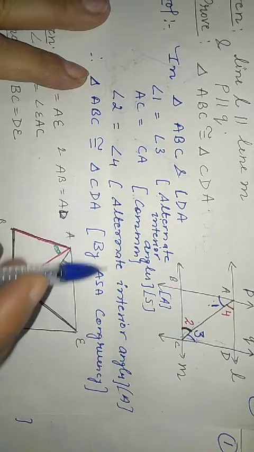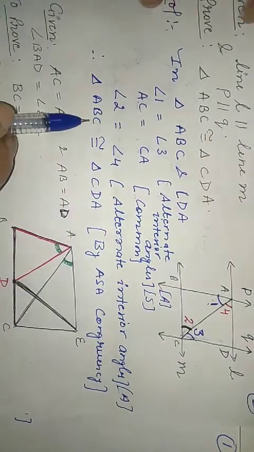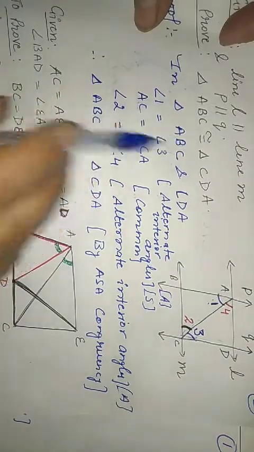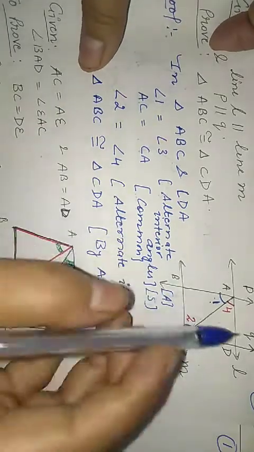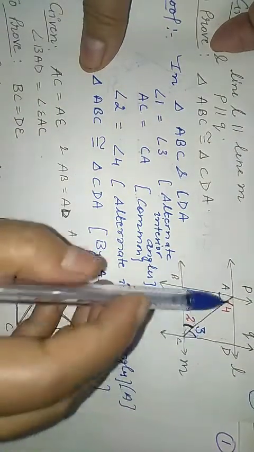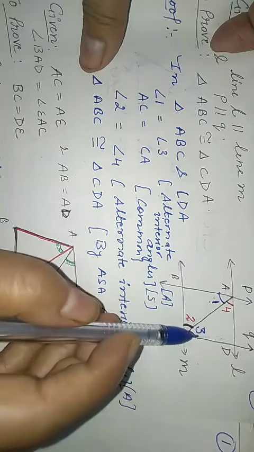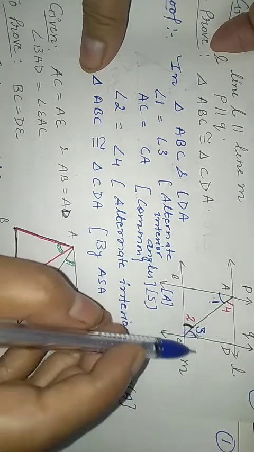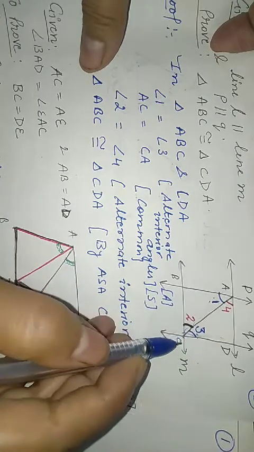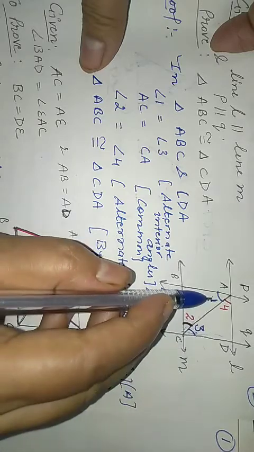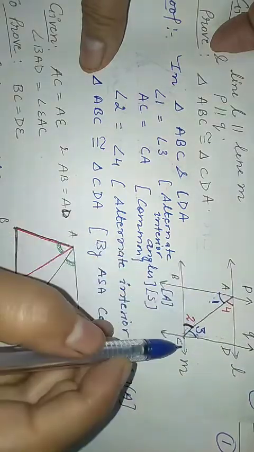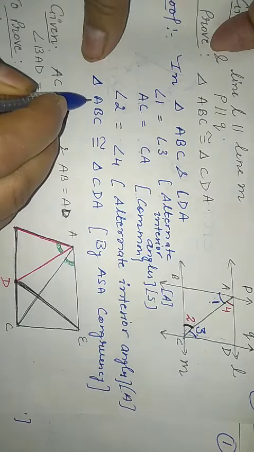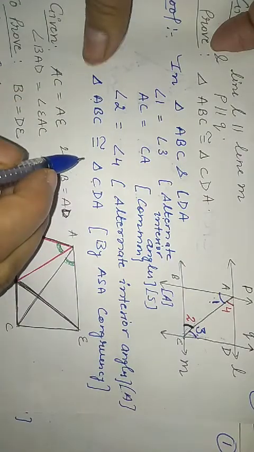The naming of ABC and CDA is very important. Though it is given here, the naming is important. Here we have taken A, B, C. Angle 1 at A is equal to angle 3, so first we choose vertex C, because angle 1 is equal to 3. So A corresponds to C, that's why we have written A and C at the first places.